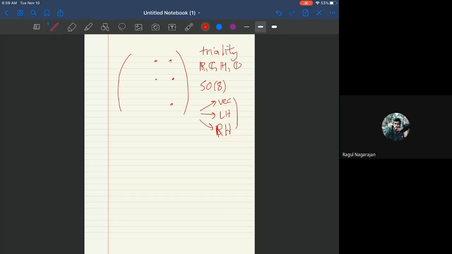That's really why this is a 3x3 matrix that appears in the exceptional Jordan algebra. It's that special unique property of SO8, that it has this triality property which no other simple Lie algebra has, that is why the exceptional Jordan algebra with 3x3 matrices of octonions exists, and why it is still a Jordan algebra.